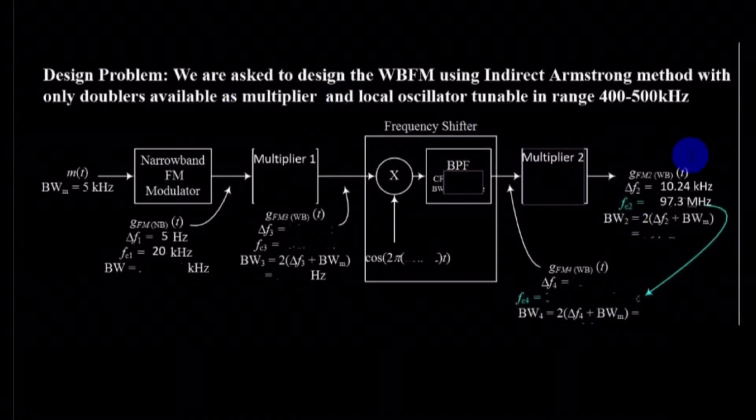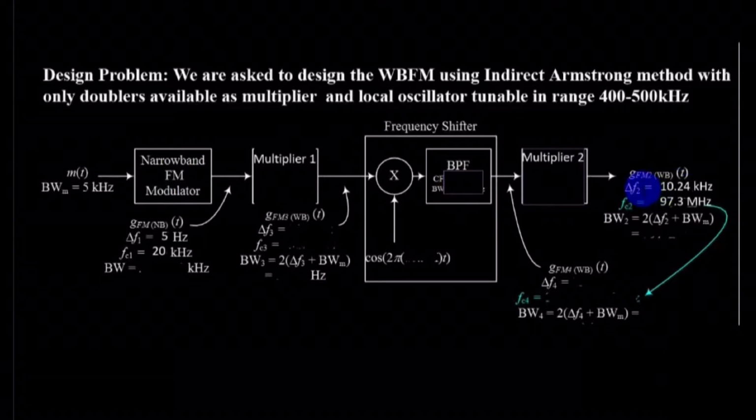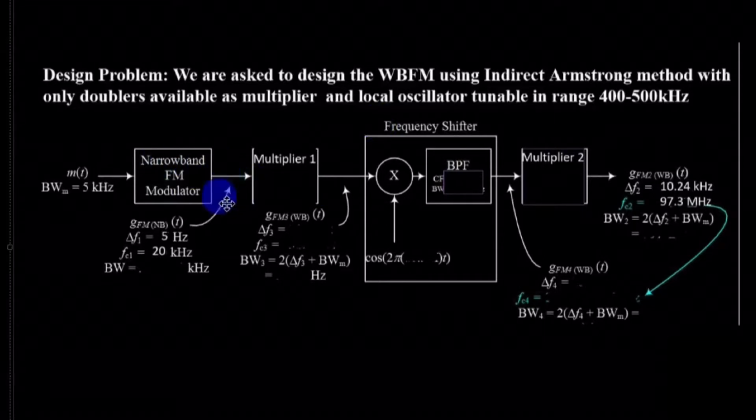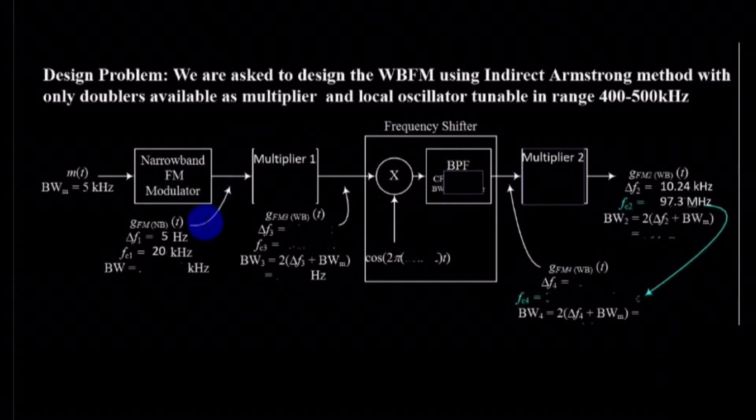As a first step, we are going to validate the problem, in terms of whether the claim that the output over here is a narrowband FM and over here we have a wideband FM. For the purpose of validation, we can find the modulation index at each.